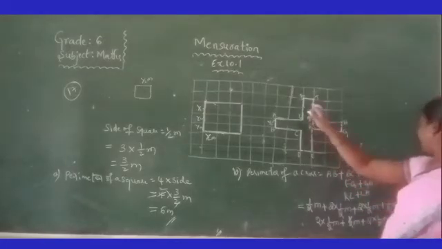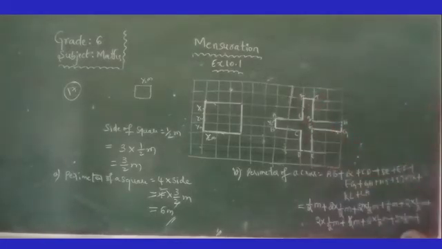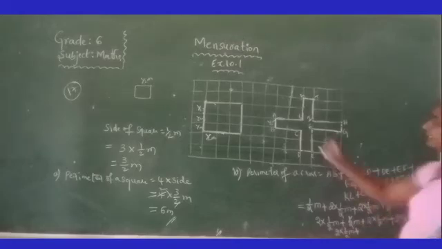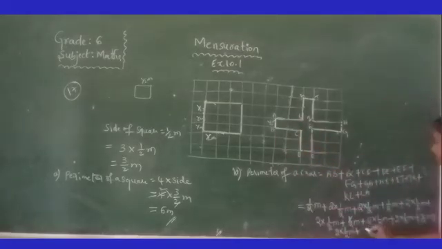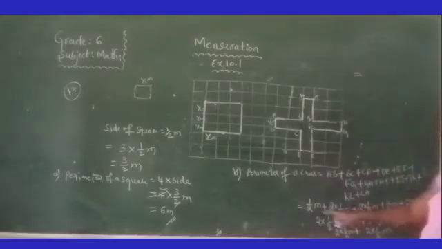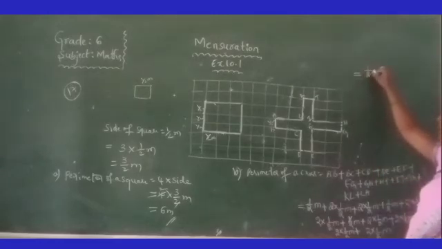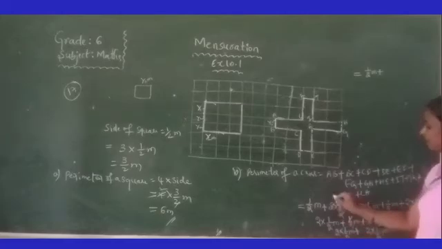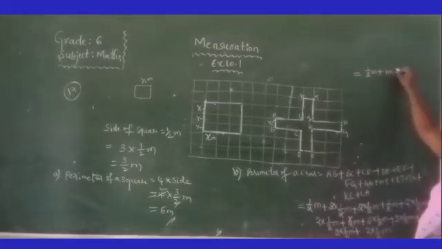After that J to K is half meter, plus K to L, 2 into 1 by 2 meter, plus L to A, 2 halves, that is 2 into 1 by 2 meter. Now we simplify everything. Half meter is 1 by 2 meter. 2 into half is equal to 1 meter.